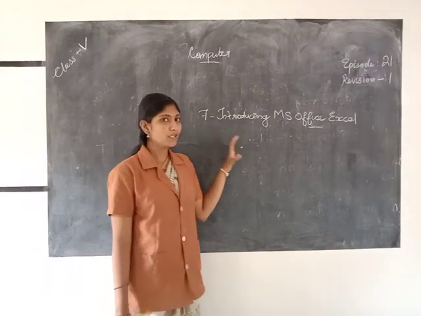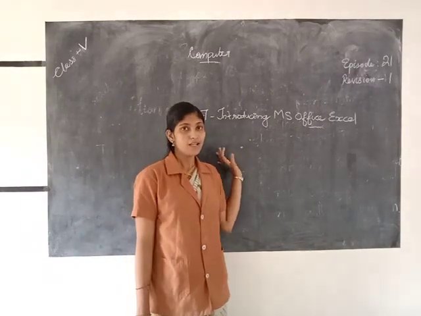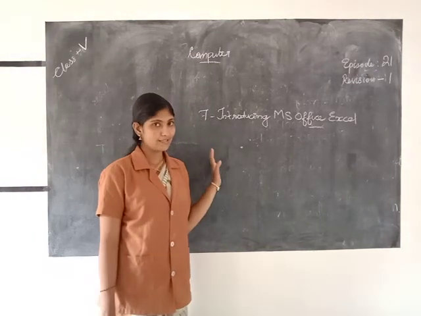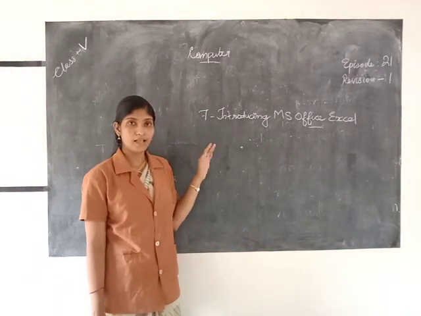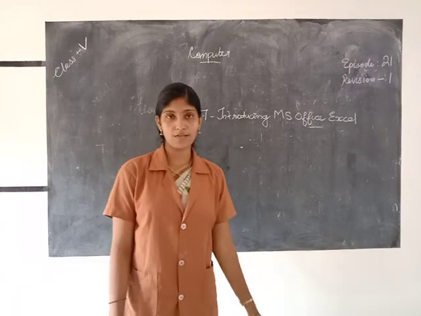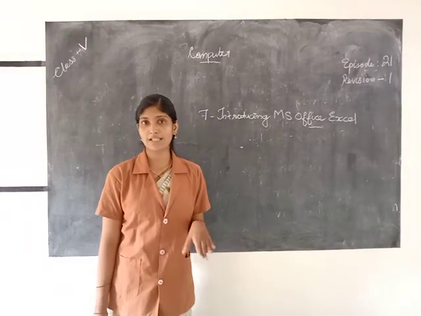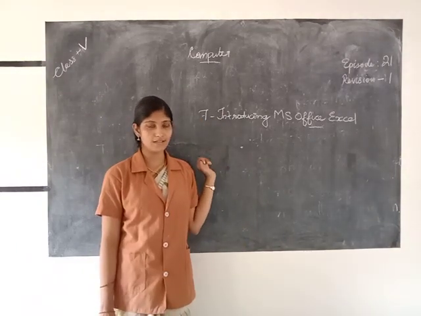These are the important things in this chapter. So one by one we can discuss them. First one, MS Office Excel 2007 is the version we discussed in this chapter.